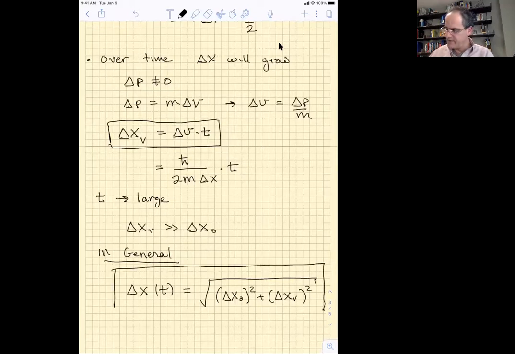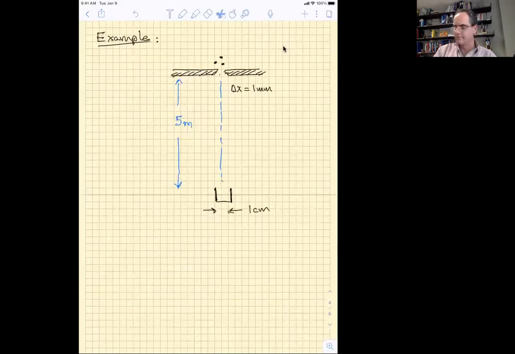Let's use these results to do an example. Okay, here's the example. We're going to see if we can drop electrons into a cup. So we're going to drop the electrons. When we drop them, they're going to pass through a narrow slit, 1 millimeter wide. Well, not that narrow.